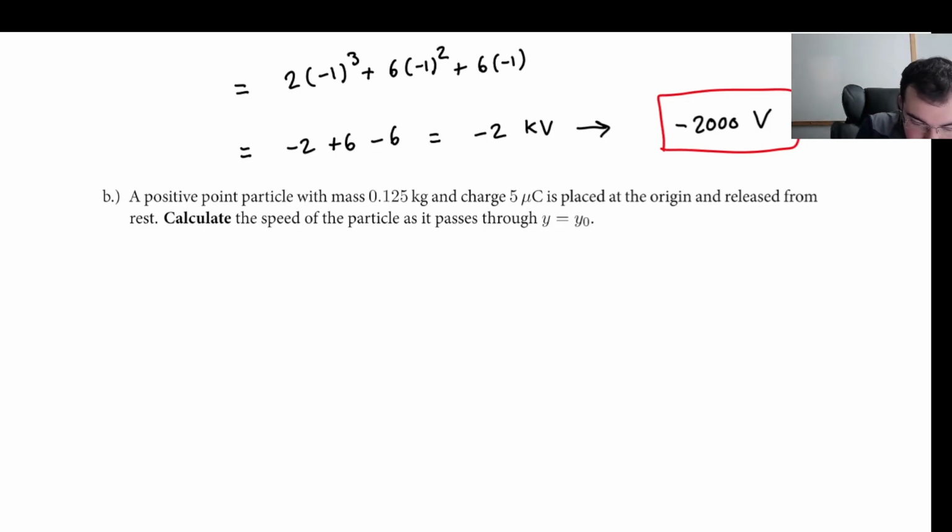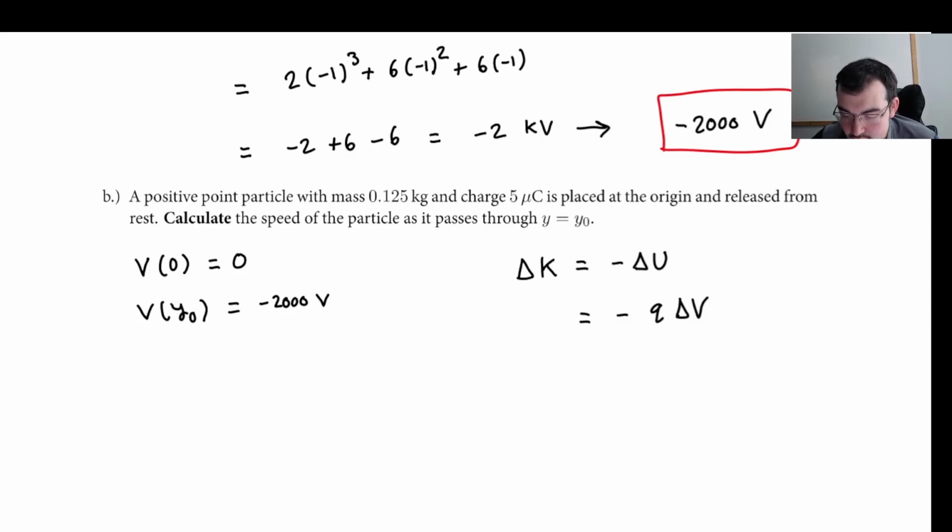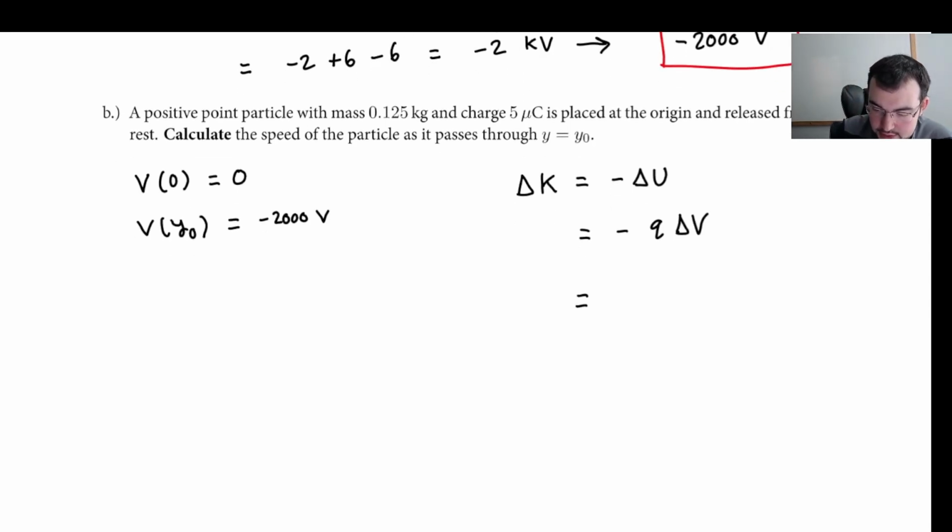So we know that V of 0 is going to be 0, because if I plug into the function, there's just a bunch of y's everywhere, so that goes to 0. And V of y0, we said, was negative 2,000 volts. So anytime we deal with potential, we usually like this relationship that change in kinetic energy is the opposite of change in potential, which can be written as Q times delta V. So now we can do this because we know that our Q that was given was 5 microcoulombs.